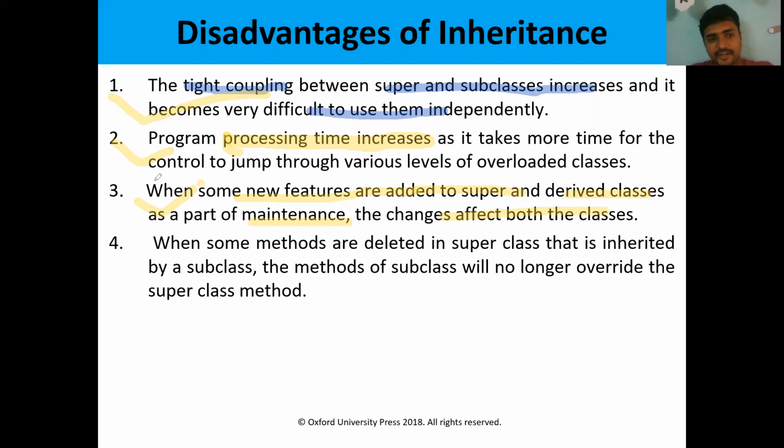If you delete some methods in the superclass, then automatically the methods in the subclasses are affected. So these are the main disadvantages of inheritance. First one is coupling. Second one is processing time. Third one is maintenance. Fourth one is method deletion.